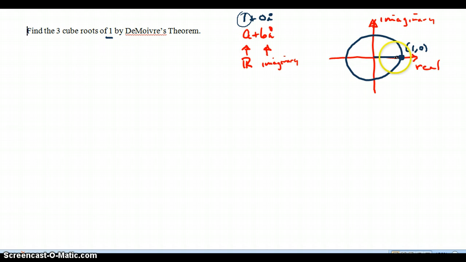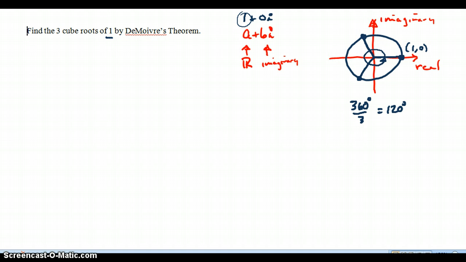Looking at this, I know that this is a 0-degree rotation, or you can also think of it as going around once, a 2 pi or 360-degree rotation. If I take that 360 degrees and divide it into 3 equal pieces, one piece would be there and the second piece would be there. 360 divided by 3 is 120 degrees.